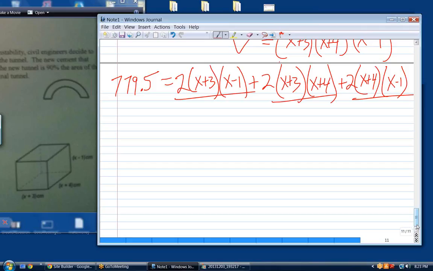Notice that no negative numbers could work because that height is x minus 1. Negative x's could actually work for the width and the length.